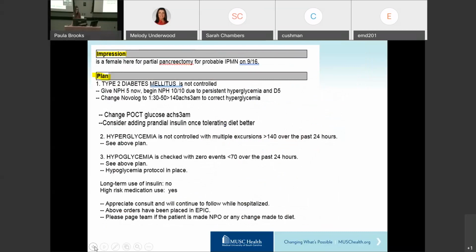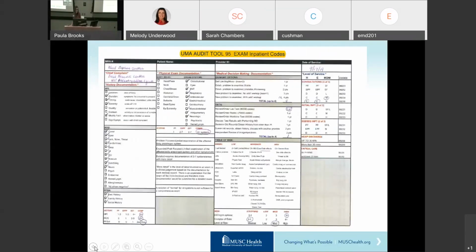Type 2 diabetes is not controlled, as a chronic mild exacerbation or side effects of the treatment. Or we could also look at it as they're doing prescription drug management. So we have the 4, we have the 1, and then moderate decision making.